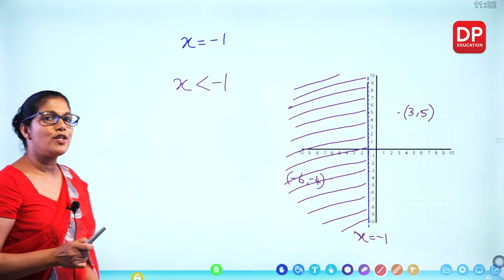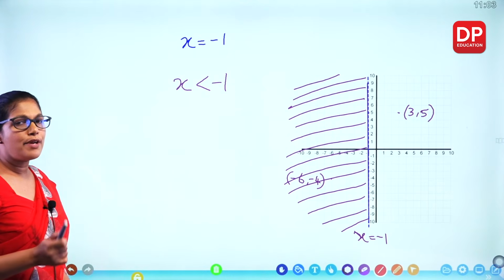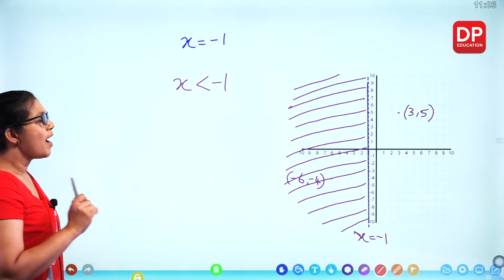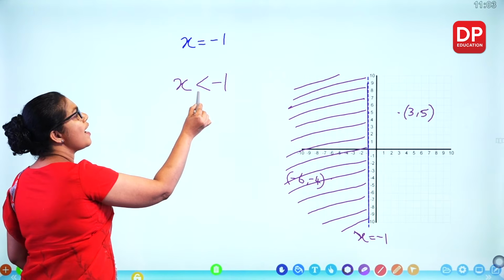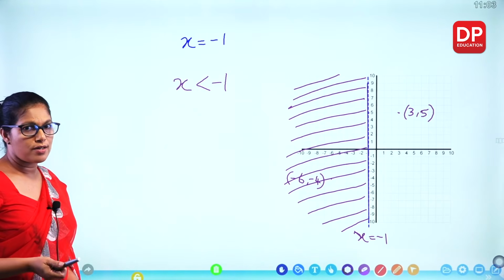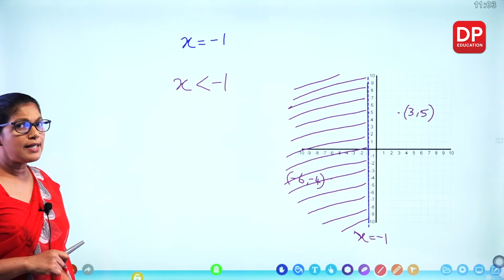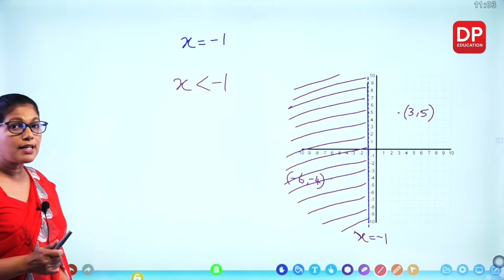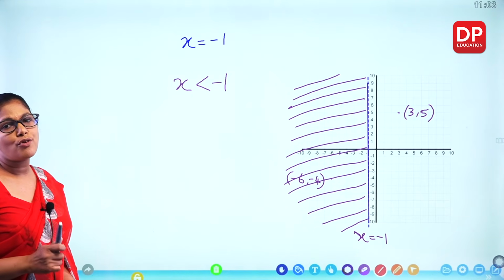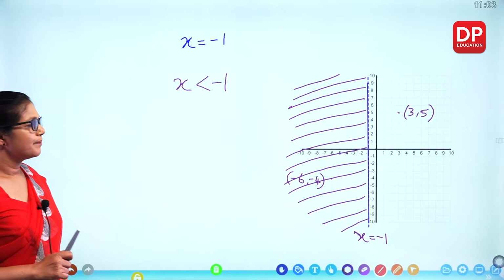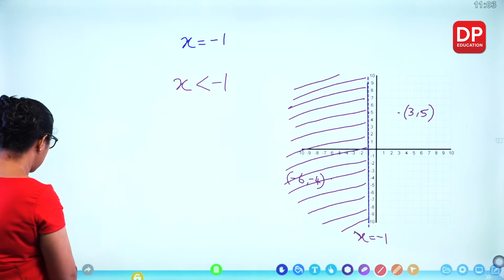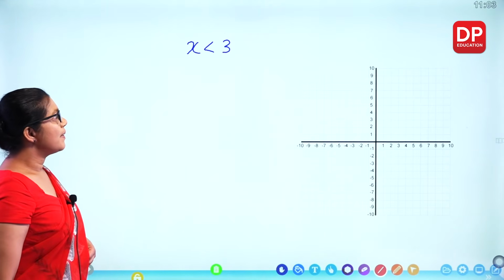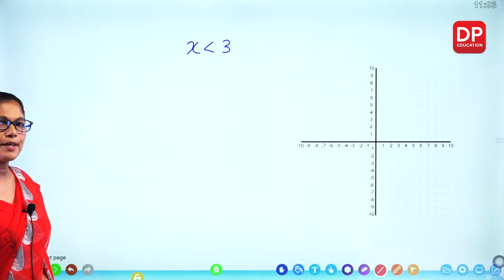So remember, when you want to shade any region, you have to first see whether the value is included or not. If the value is included, you can draw a continuous line. If the value is not included, you have to draw a dashed line. So we'll take another example, x less than 3.